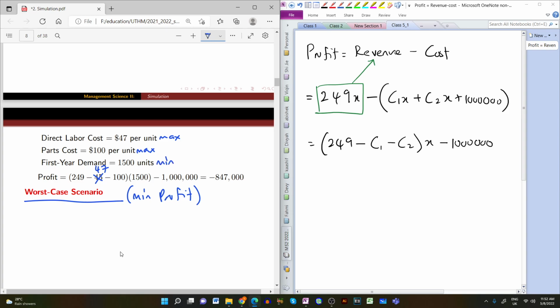So whenever they give you a range for the inputs, you have to think which number you have to put inside the profit calculation so that you get a minimum profit, and that scenario is known as the worst case scenario. So in this worst case scenario, our cost will be higher, our demand will be less, and the profit is negative 847000, which means it's a loss. Negative means a loss. Copy this.